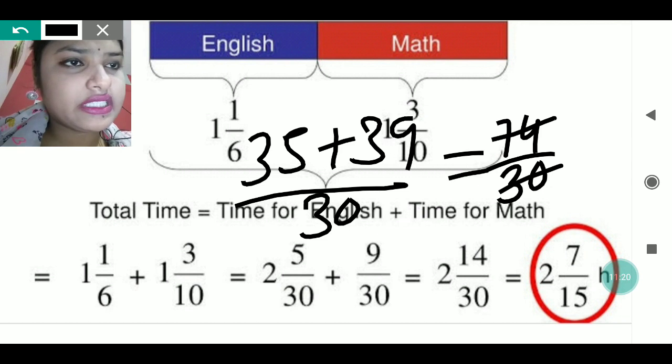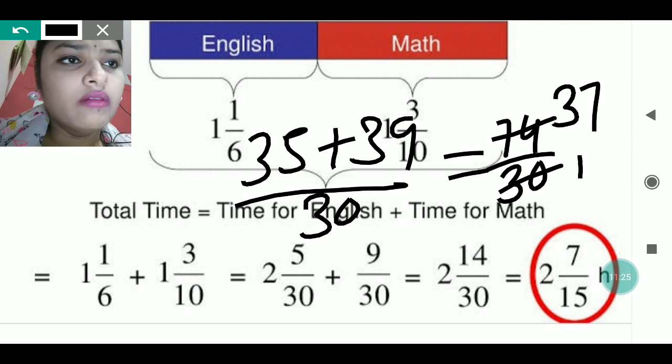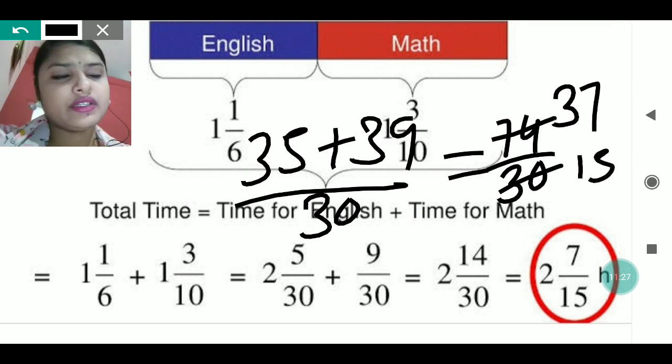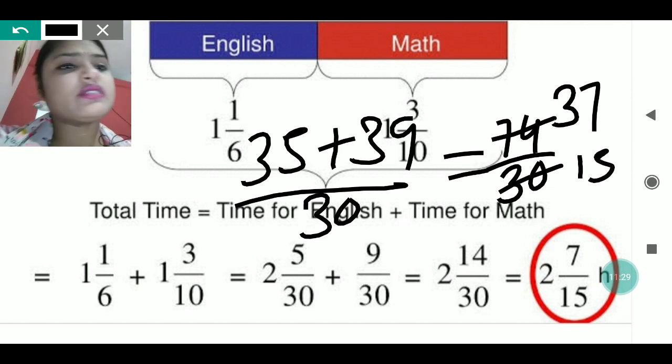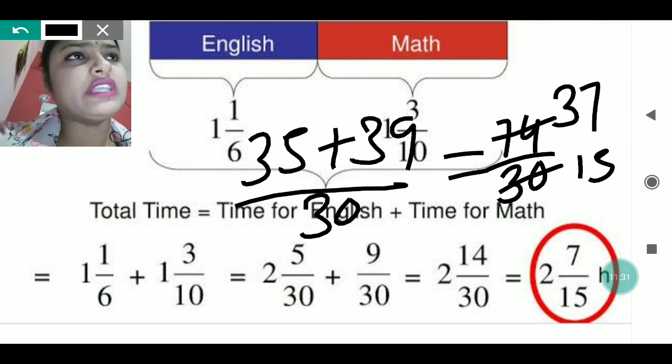So 37 and downside 15. Now is 37 and 15 divisible by any number? Now you have to see whether both are divisible by 3.